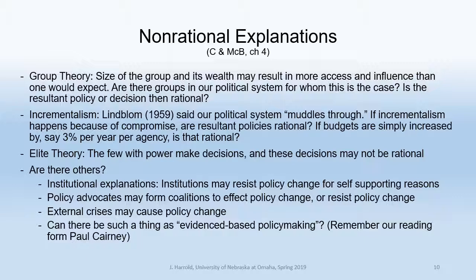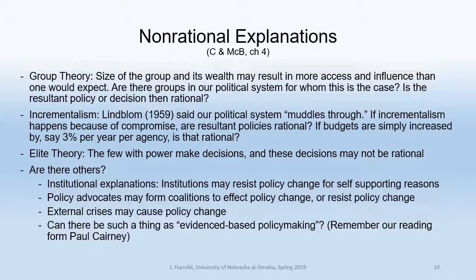So what are some non-rational explanations for how things work or how policy should be explained? There's a few of them. There's group theory, right? The size of a group and its wealth might result in more access and influence than one might expect. The classical Madisonian approach is interest group liberalism.